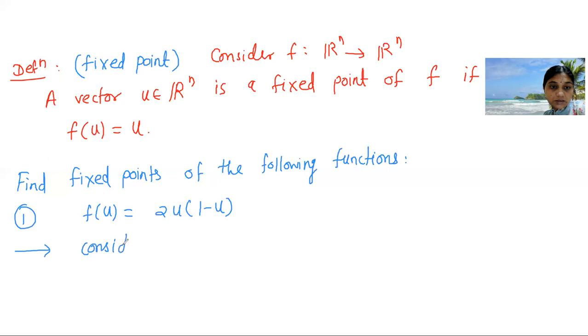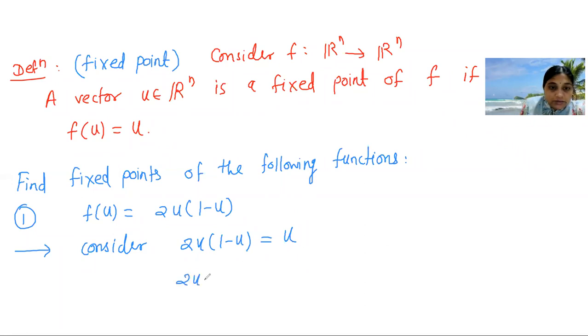Consider u is a fixed point if f of u is equal to u, right? So consider 2u(1 minus u) is equal to u. A value of u which satisfies this equation is called a fixed point of f, right? Which values of u satisfy this equation?